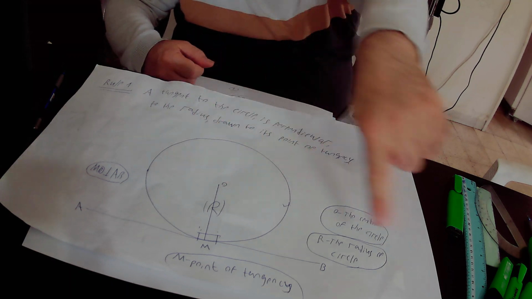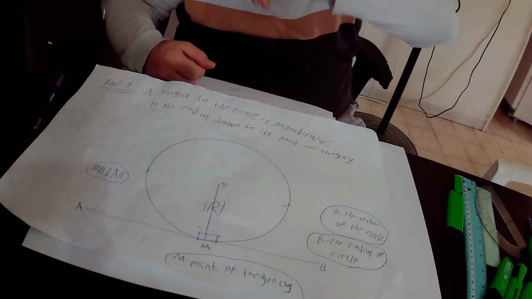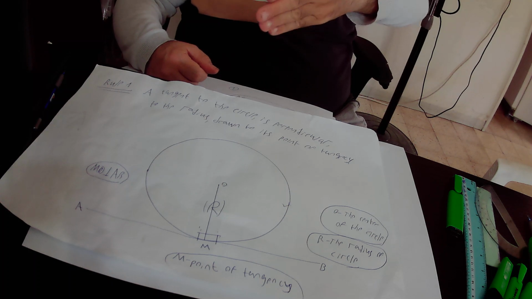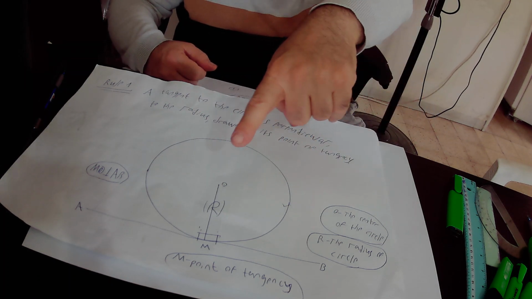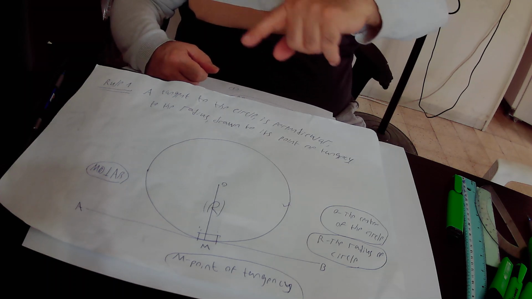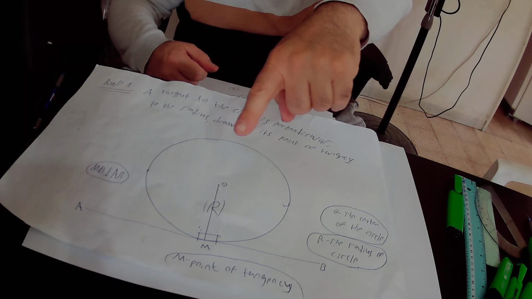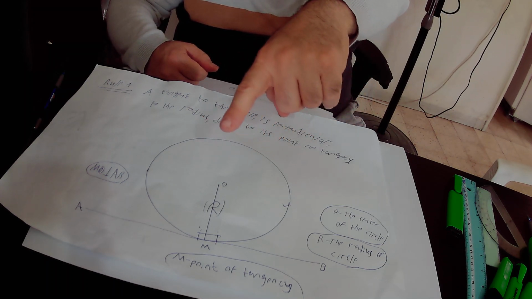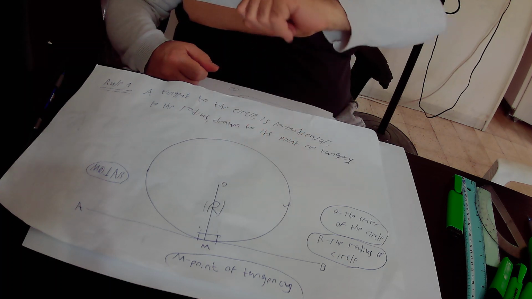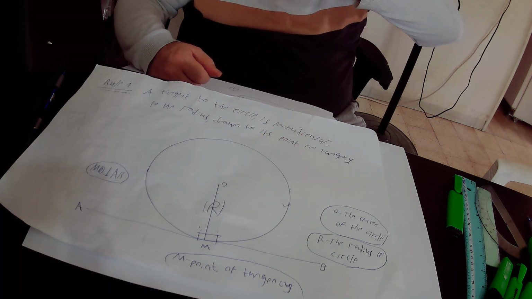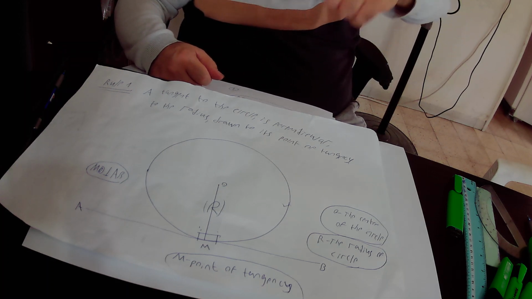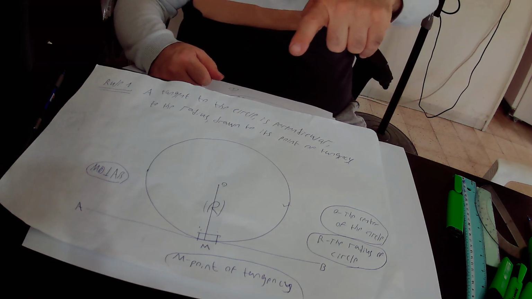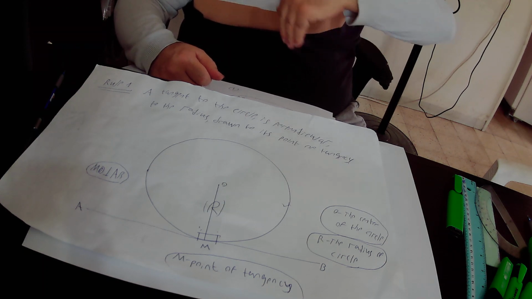Therefore, according to rule 1, line segment AB is defined as a tangent to this circle at point M. So whenever you have a line segment that is perpendicular to the radius, the line segment must be defined as a tangent to the circle.